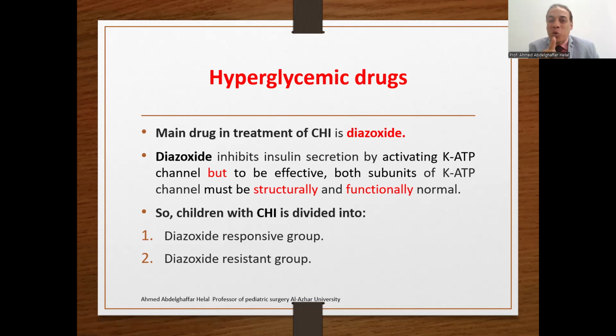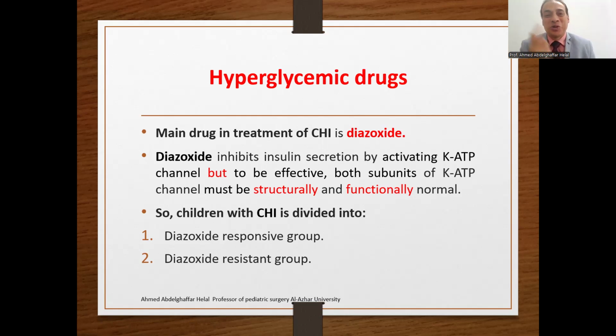However, to be effective, it requires that the channel subunits SUR1 and Kir6.2 be functional and structurally normal. So for this drug to be effective, it needs this channel to be normal. However, we said that the etiology of congenital hyperinsulinism is genetic mutation, and this channel is not normal.